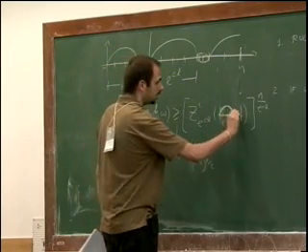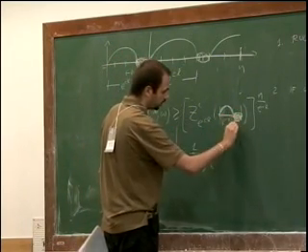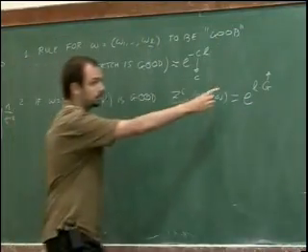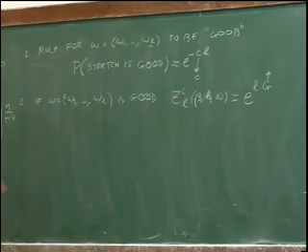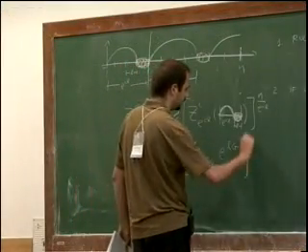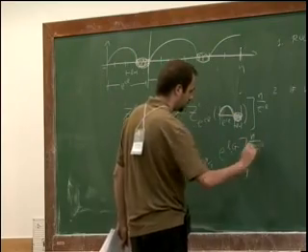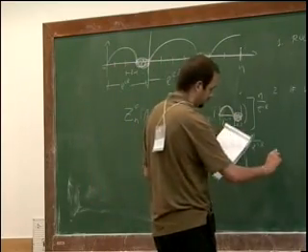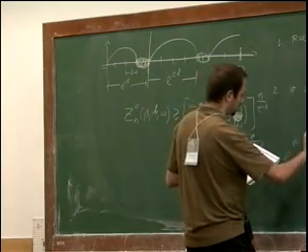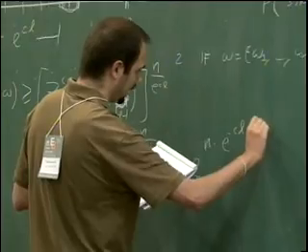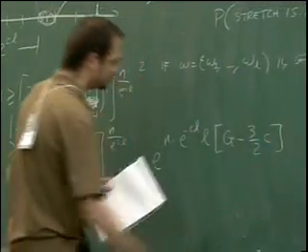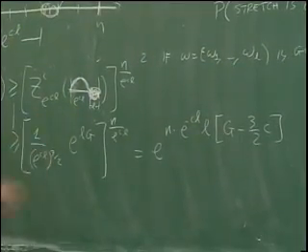And then here you are free to do whatever you want for a small stretch of length L. But since the stretch is good, you're sure that you gain e to the LG. So you get e to the LG, and everything at n over e to the CL. But let's just rearrange terms. And then this is just e to the n times e to the minus CL times L times G minus 3/2 C. I've just rearranged terms.